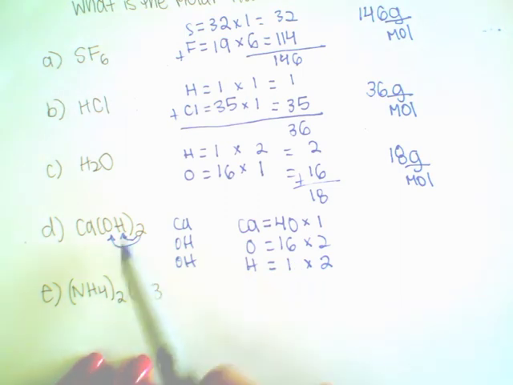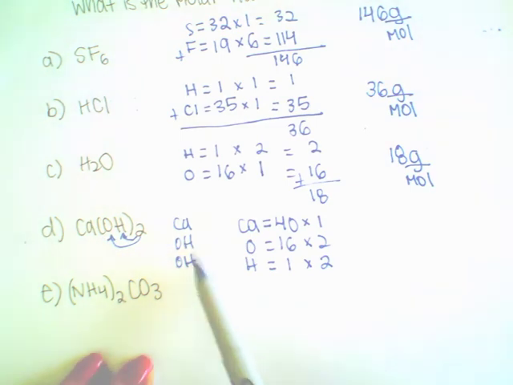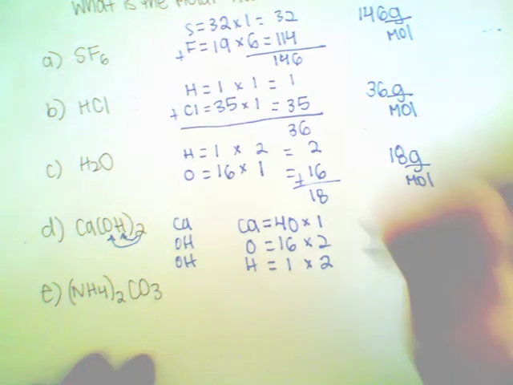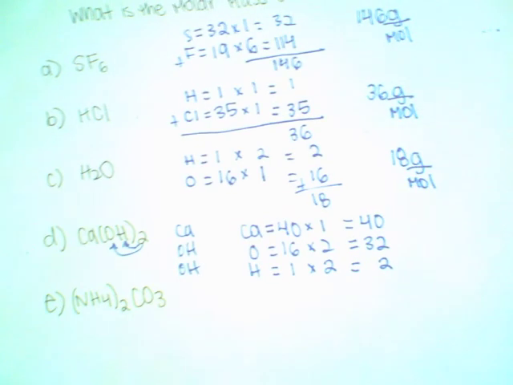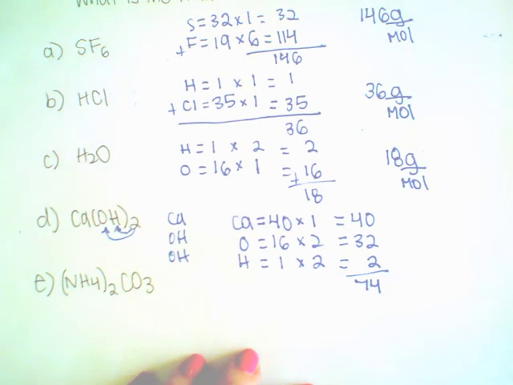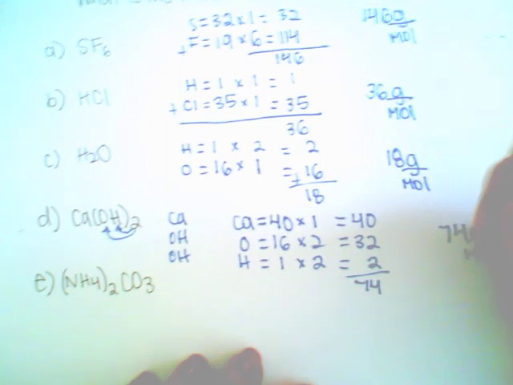Again, the parentheses with the 2 on the outside means we have 2 OHs, so that's 2 hydrogen, 2 oxygen. 40 times 1 is 40, 16 times 2 is 32, 1 times 2 is 2. So when you add those up, you get 74. So your answer is 74 grams per mole.